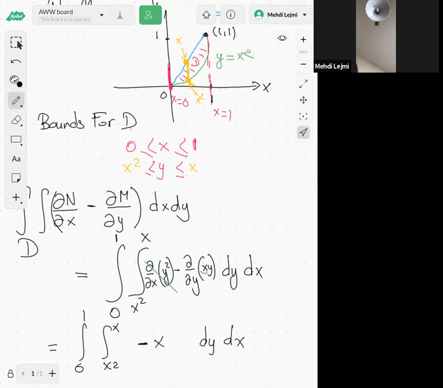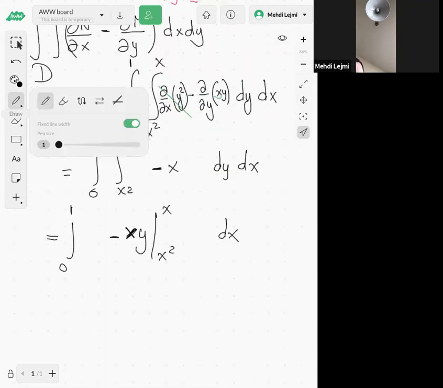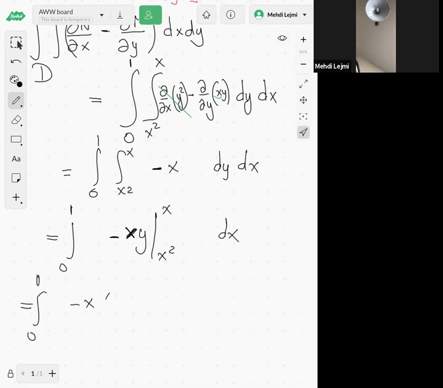You integrate with respect to y. The integral of a constant is the constant times y, evaluated between x squared and x, dx. So that will be the integral from 0 to 1 of minus x times y, where y is x, and minus the same with y as x squared, dx.